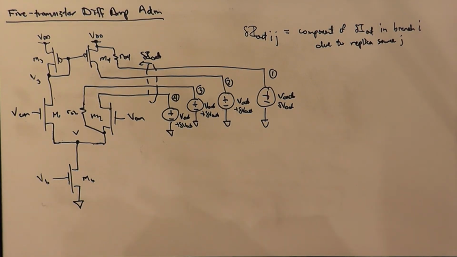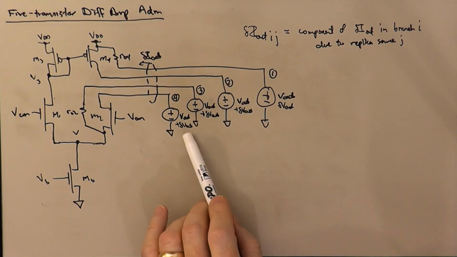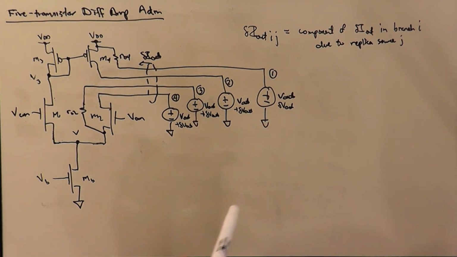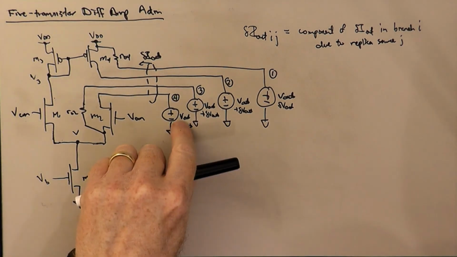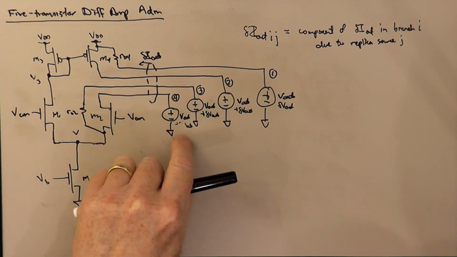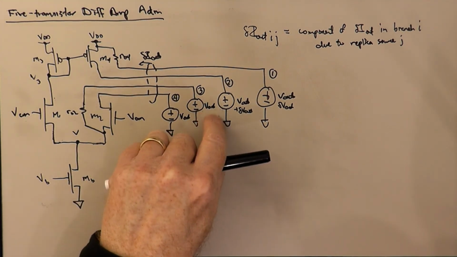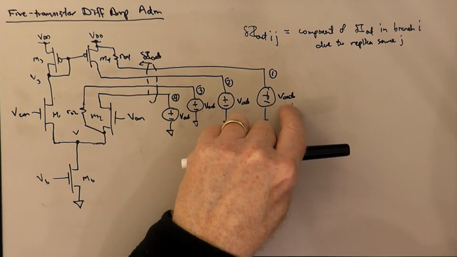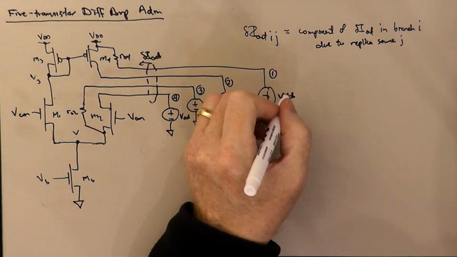And so here's where the superposition comes in. We don't have to apply these 4 delta V outs simultaneously. We can apply them one at a time and then superpose all 16 components. So let's consider number 1 first.